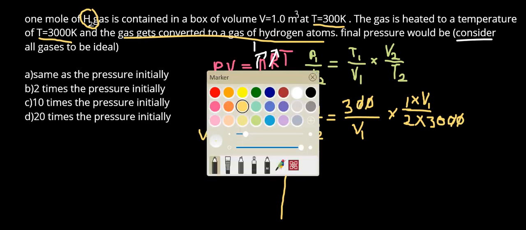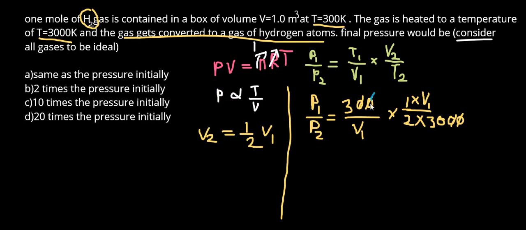So finally the zeros get cancelled, and now this is going to be 10, and V is going to be cancelled finally like this. So the remaining thing is P1 by P2 is equal to 1 by 20.